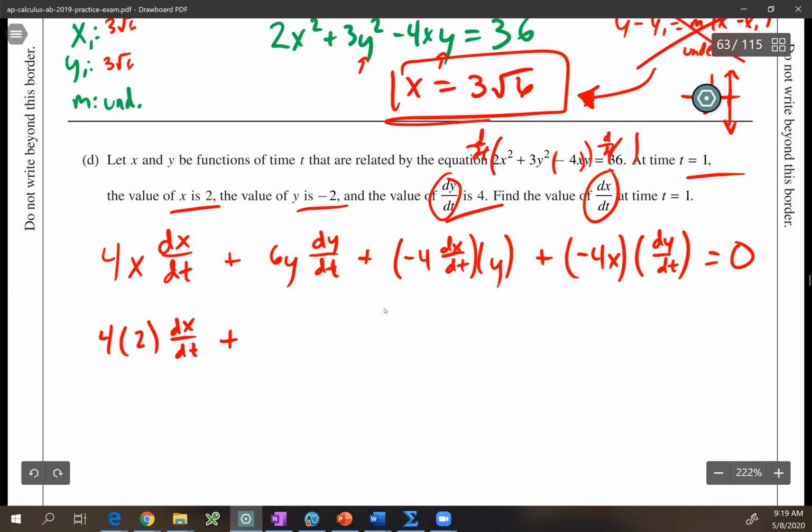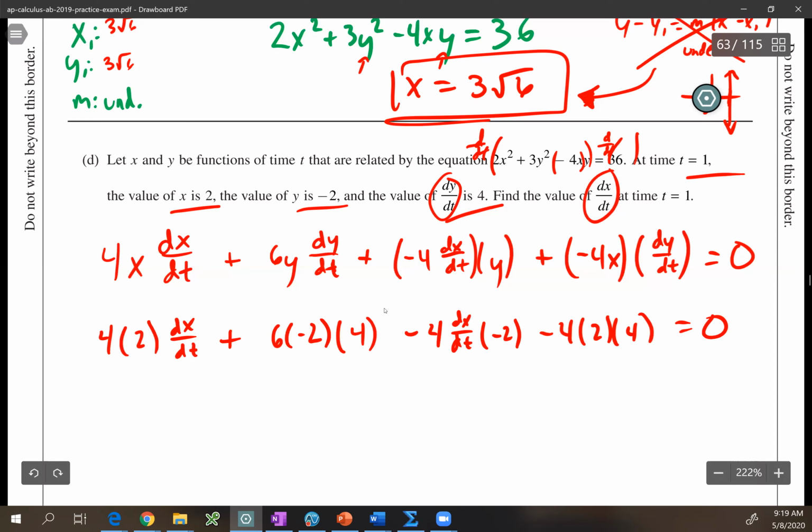You could call it m if you want to, but I'd probably just leave it. Plus 6 times negative 2, and then dy/dt was 4. Then I'm going to change this to minus 4 dx/dt times y was negative 2. Then again, I'll change this to minus 4 times positive 2 times positive 4 equals 0.